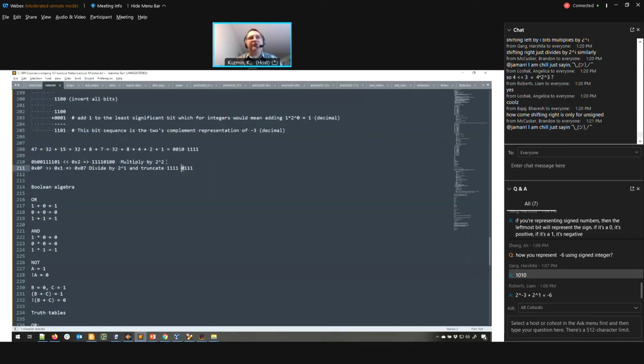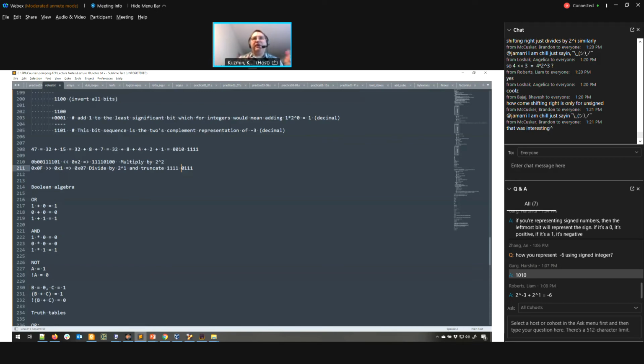If we want to treat this as a signed integer, we have to do a different type of shift, arithmetic shift, because that would preserve the sign. It would fill in this position not with 0 but with 1, so that when we divide, the number cannot go from being negative to being positive.